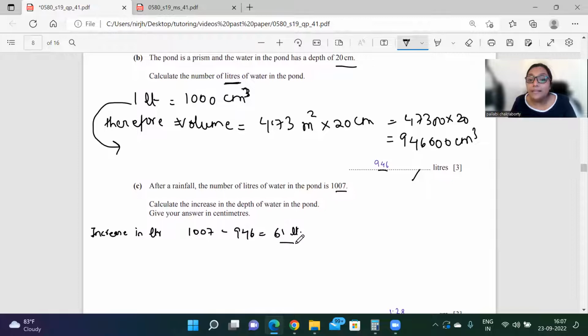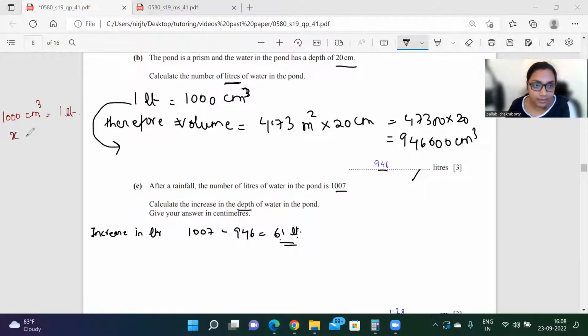So now 61 liters, this is the volume. So you already have the surface area and you have the volume. Now you have to find the depth. That means 61 liters. First, let's convert it into centimeter cube. Now we have already discussed that. Still, to make you more comfortable with it, we know that 1000 centimeter cube is 1 liter.